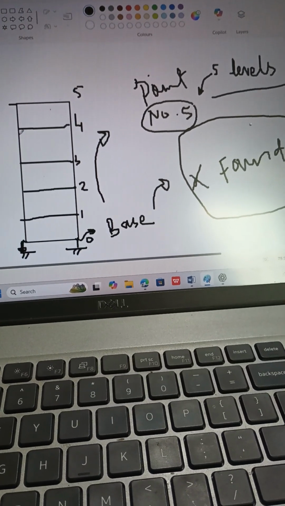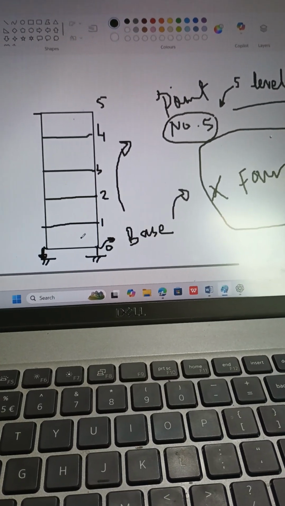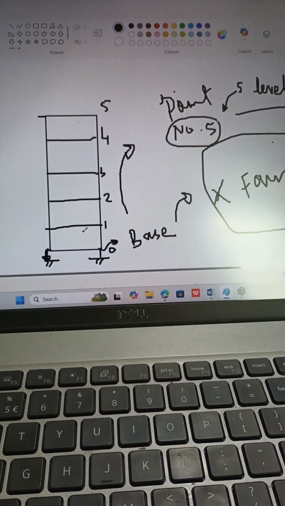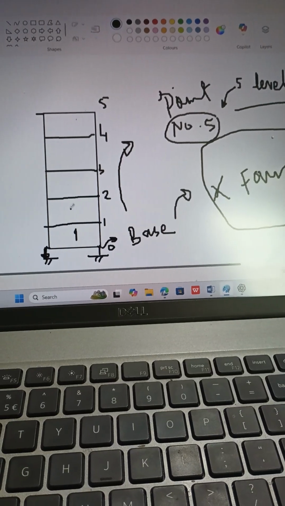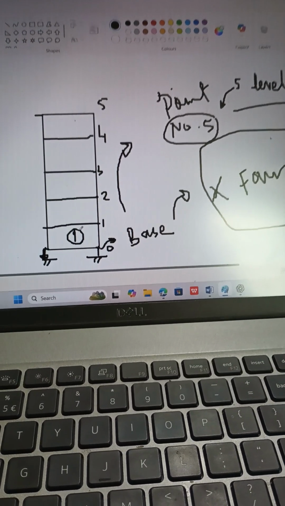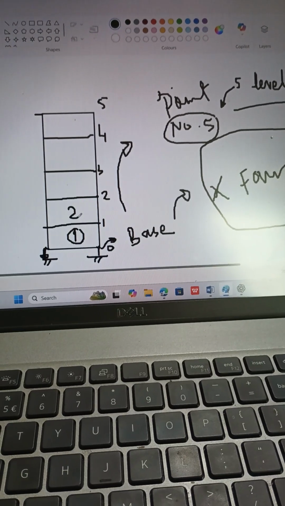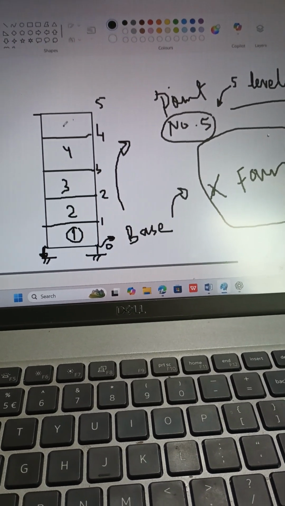So if I count it the simple way that we use generally in our daily life, this would be first story. This will be story number 1, not first. Story number 2, story number 3, then 4, and then 5.